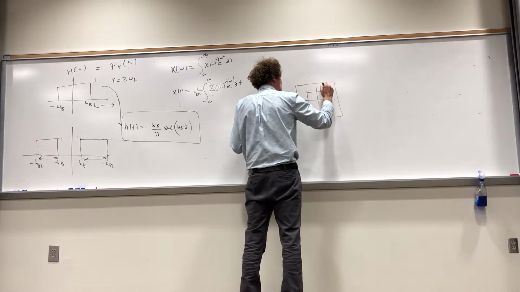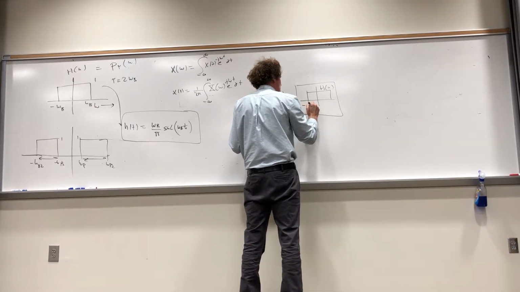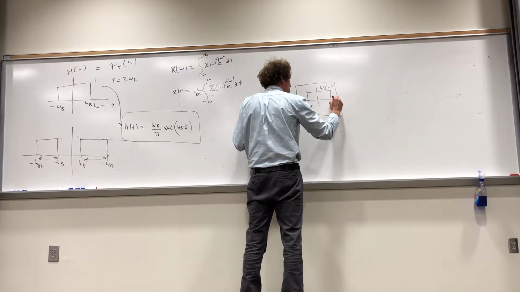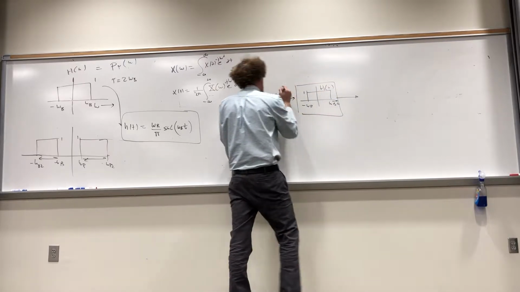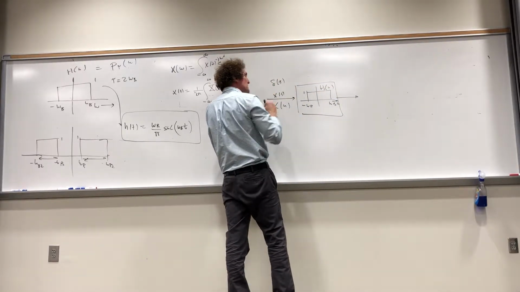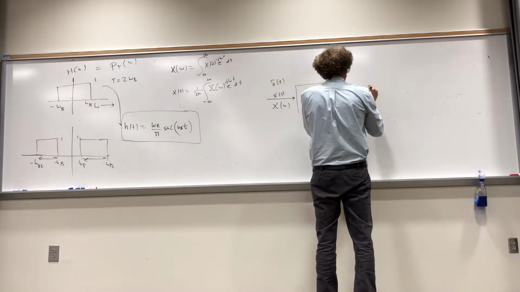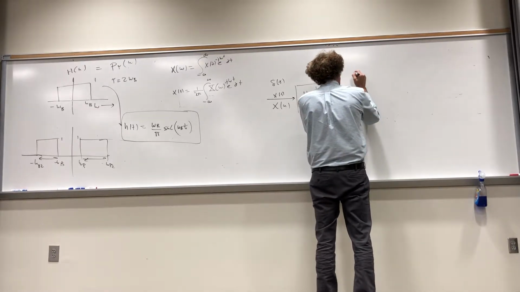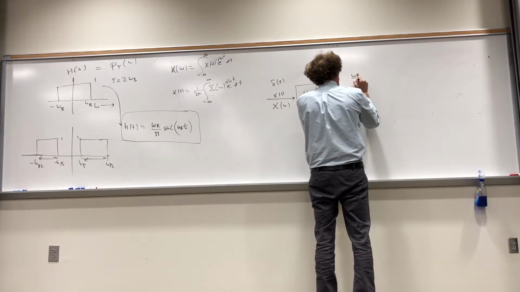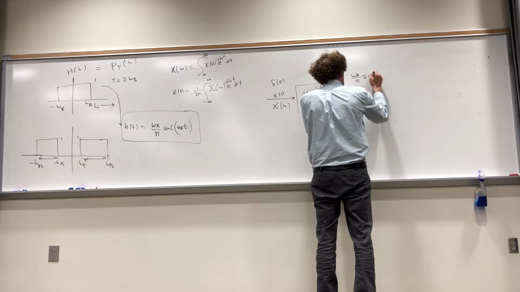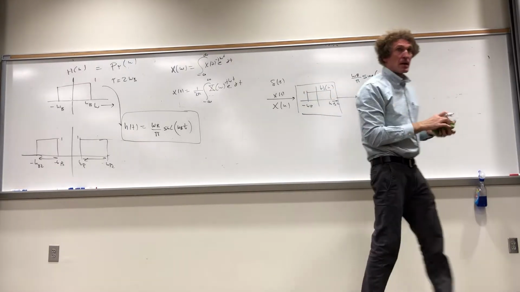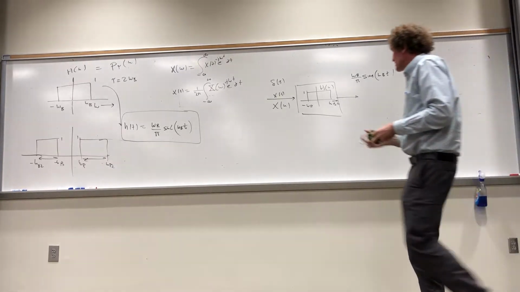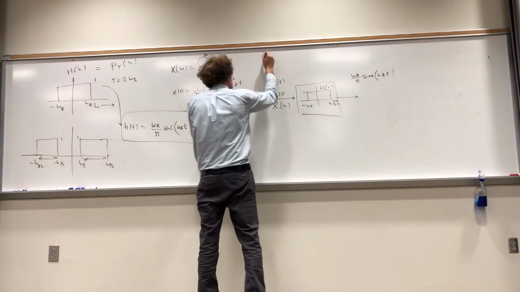This is in the h of omega domain. Minus omega b, plus omega b, and this is omega here, 1 here. Then if x of t is a delta function, my output here is going to be omega b over pi times the sinc of omega b t. Correct, class?